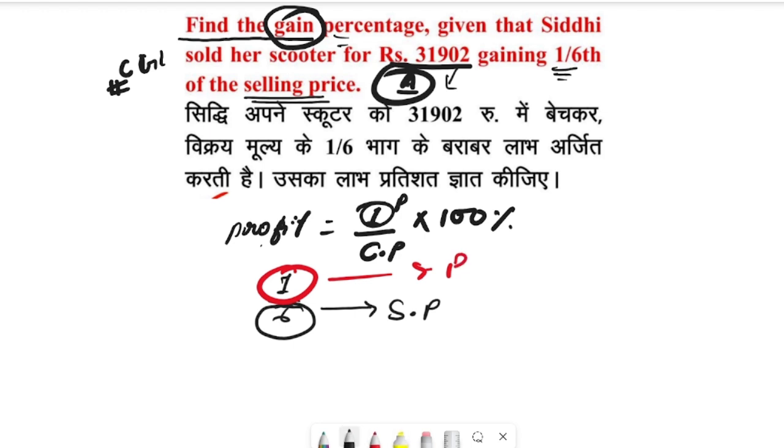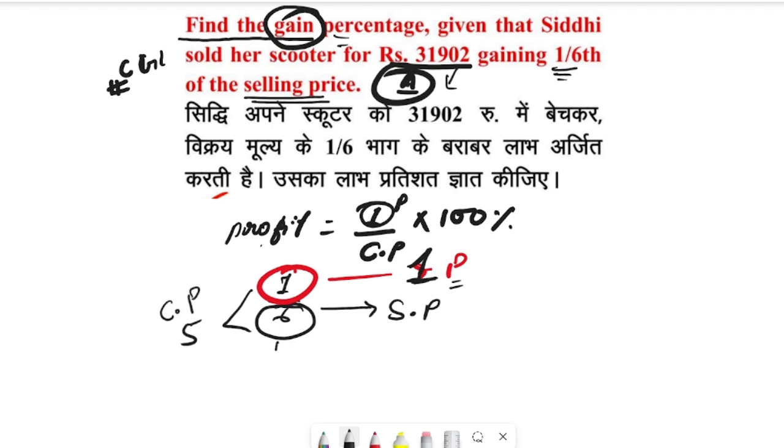and if we get 1 profit from 6, it means that 5 is the cost price.